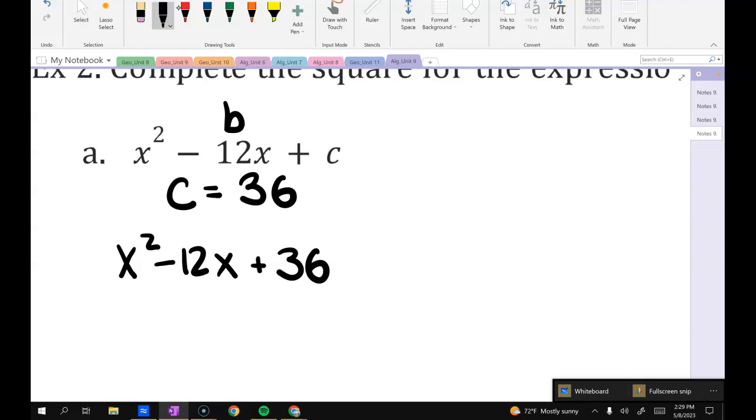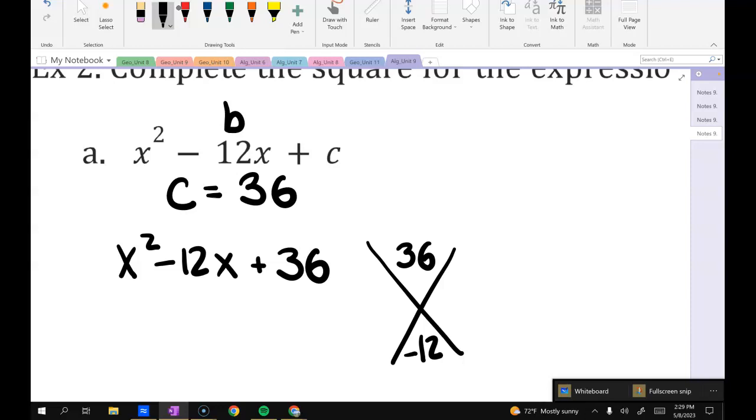So when we have 3 terms, we always said how to factor, you set up your x. On the top, you take your A times your C term, so that's 1 times 36. So a 36 will go on the top, and a negative 12, your B term, will go on the bottom of your x. And you're looking for 2 numbers. So when you multiply them, it's 36. When you add them together, it's negative 12.